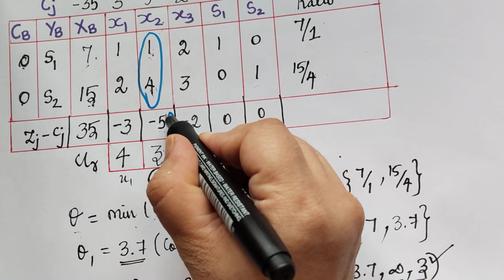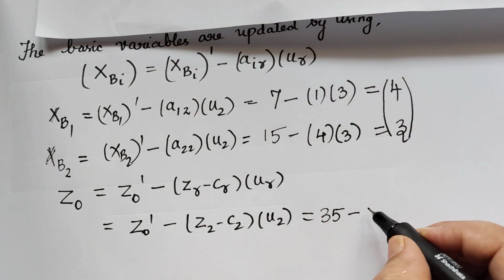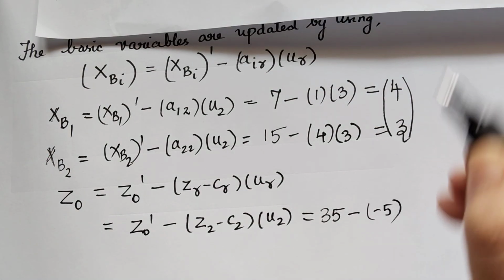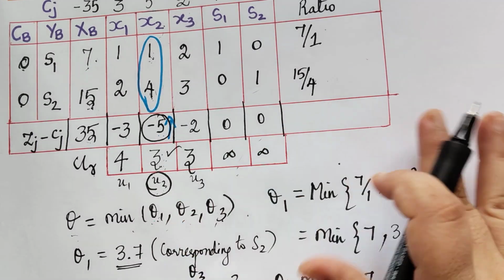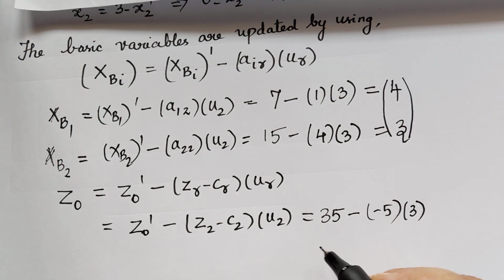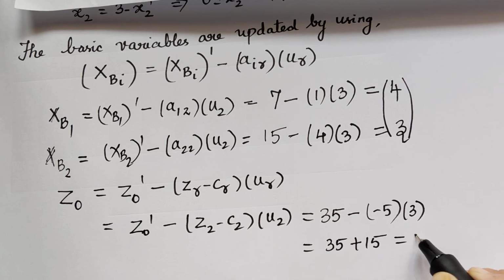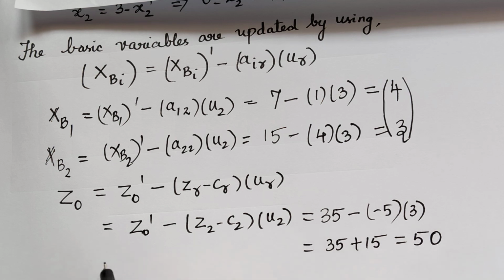That is the most negative value that we obtained, minus 5. And then the corresponding upper bound that we had is 3. So that will be equal to 35, minus into minus is plus, 5 times 3 is 15, and that's equal to 50. So the new z0 value is equal to 50.